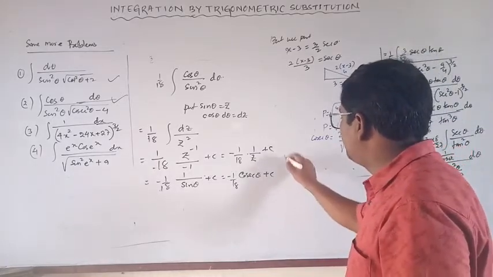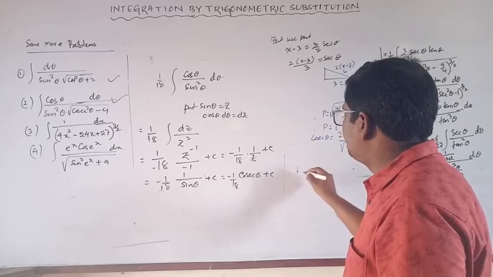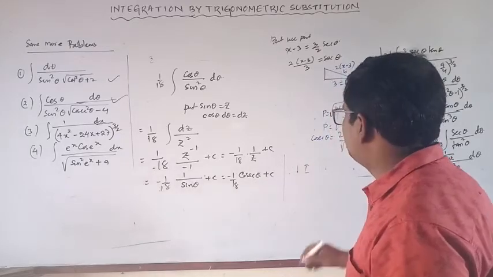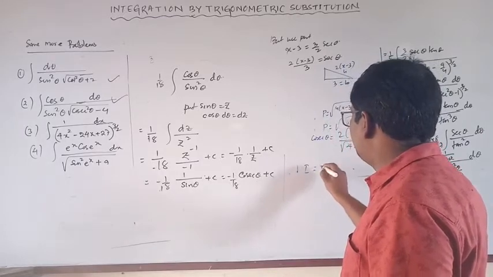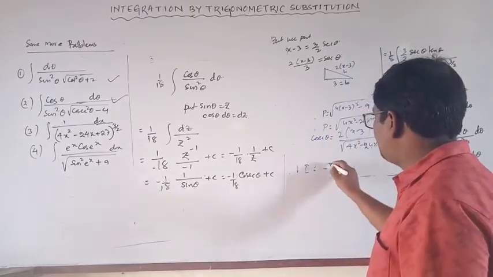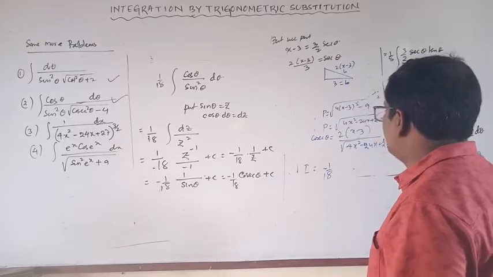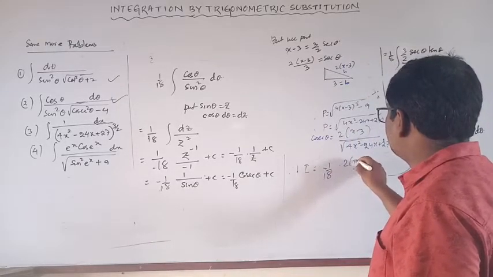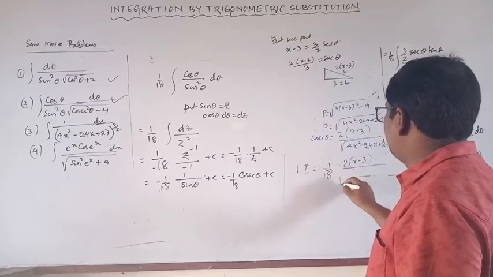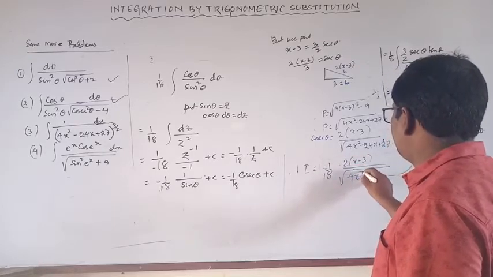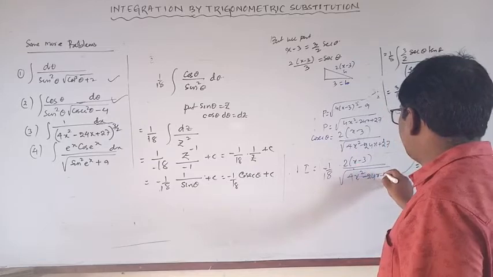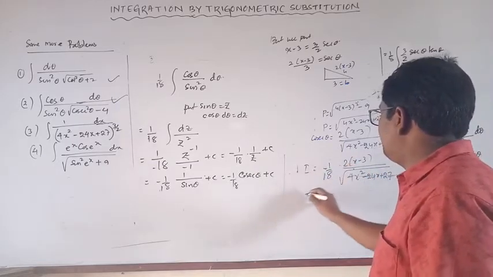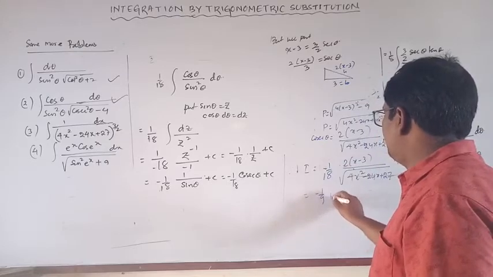Therefore the integration I is equal to minus 1 by 18 cosec theta, which means 2 into x minus 3 divided by root over 4x square minus 24x plus 27, plus c. So this is 1 by 18, minus 1 by 9 root of what?